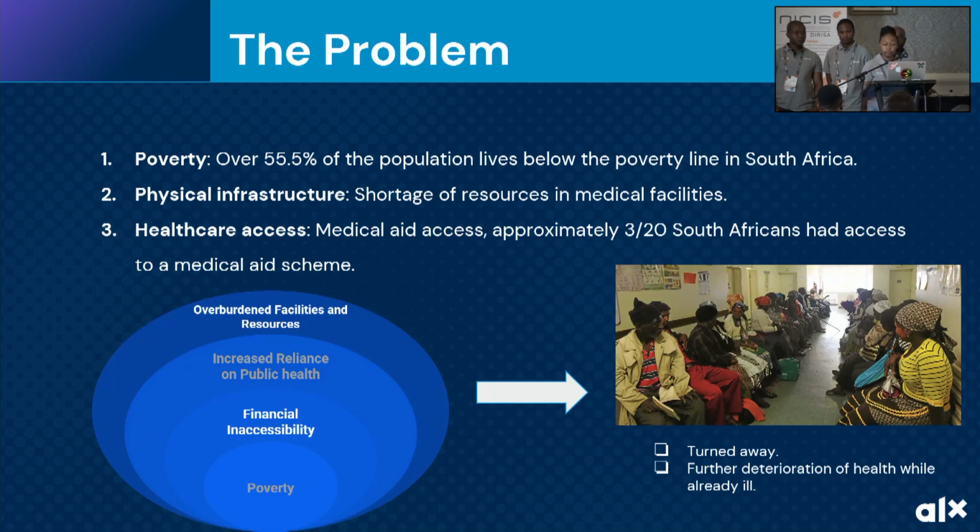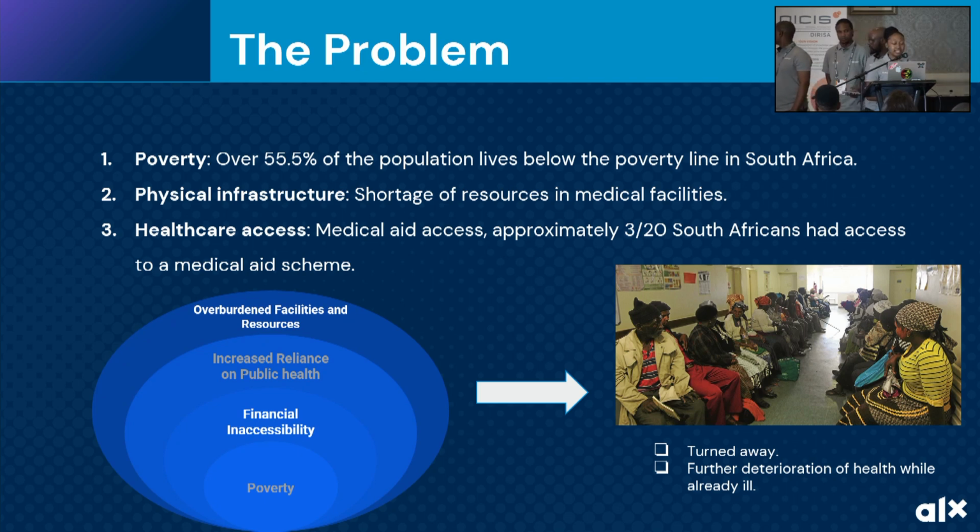The problem: over 55% of the South African population is living below the poverty line. What does this mean? This means that we are facing a financial burden. A lot of South Africans cannot afford medical aid. A lot of people are therefore dependent on public health care, which increases the reliance on public health.